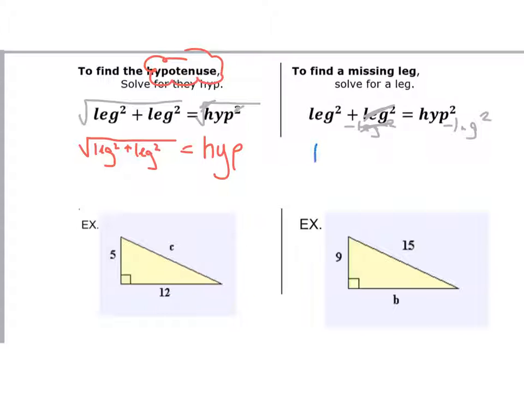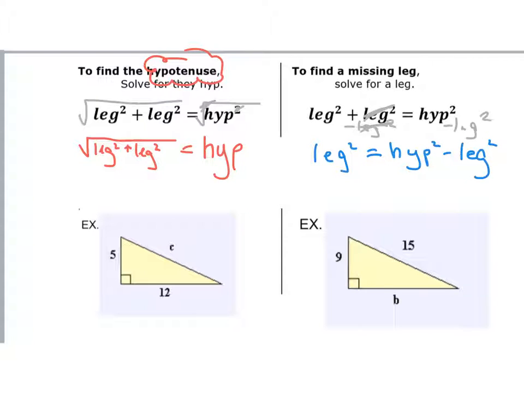So I end up with leg squared equals, and I can't combine hypotenuse squared and leg squared, so I just write it out the way it is. Hypotenuse squared minus a leg squared.